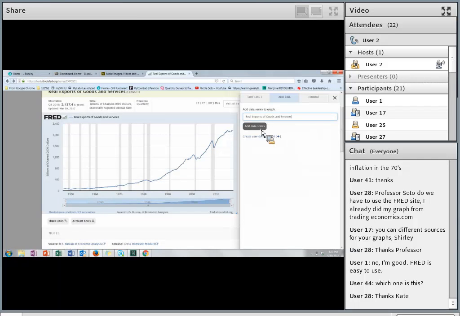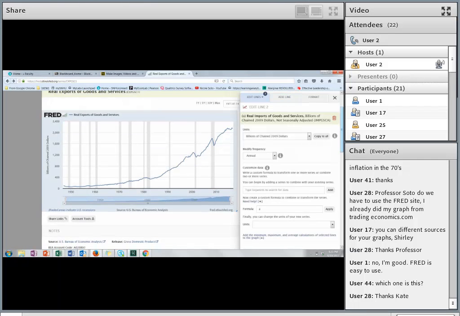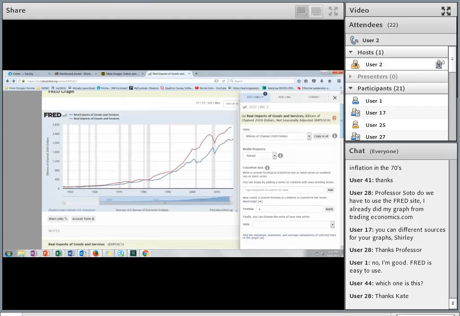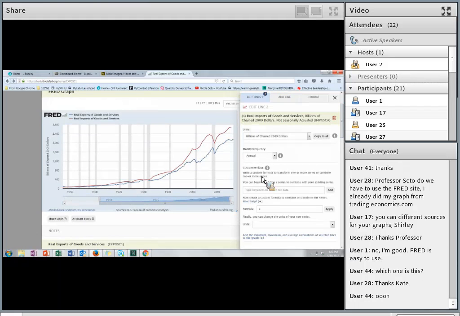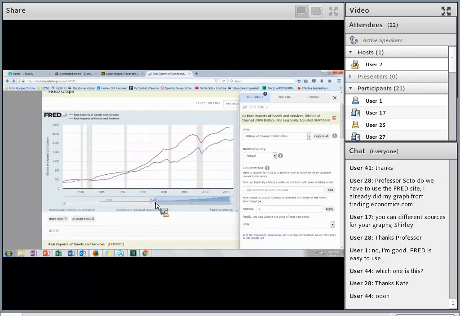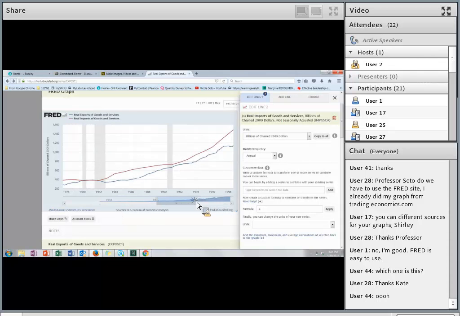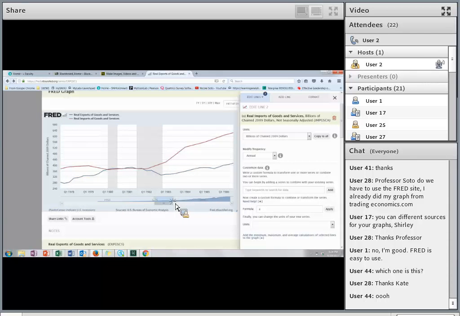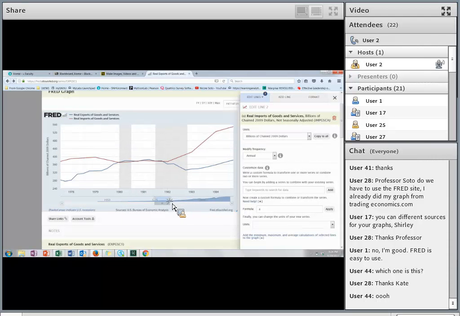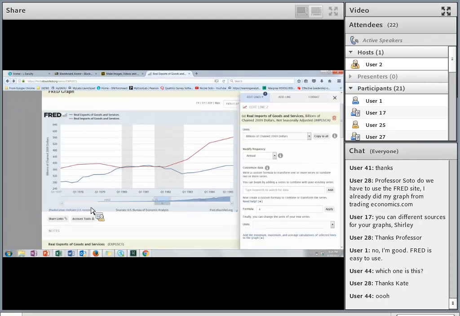And the neat thing about FRED, actually, let me show you this while we're here, because this isn't totally intuitive. You can add another data series. So I can add a line, I can add imports. I'm just going to type in imports. I don't know what the name of it is, but I want it to match up, so I want real imports of goods and services.